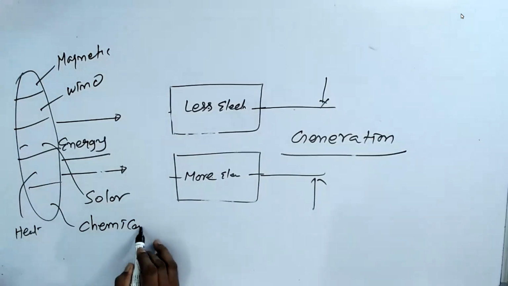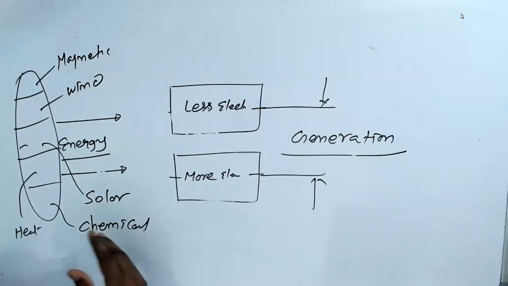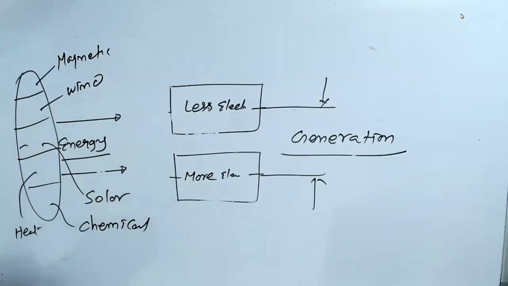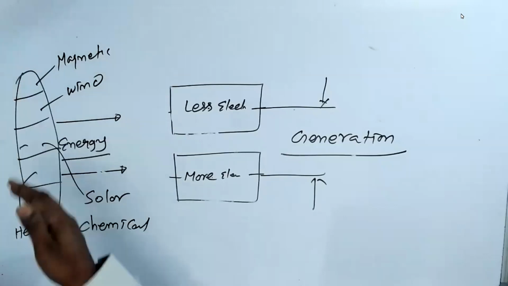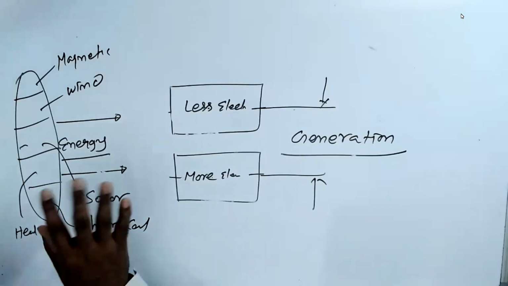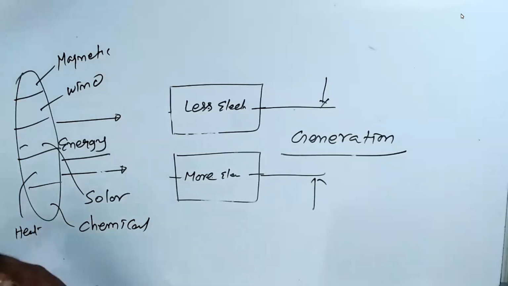Whatever it is, I don't mind. Chemical means battery, solar means solar panels, magnetic means motors, wind means windmill. Heat means turbines, whatever it is. Atomic, you can take even atomic. So whatever mechanism you use, I'm not coming here.